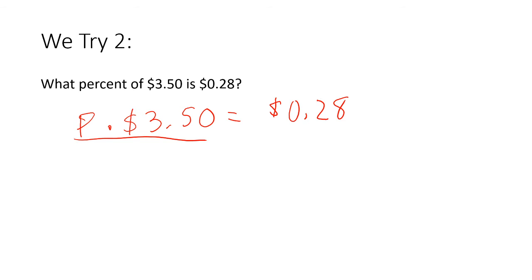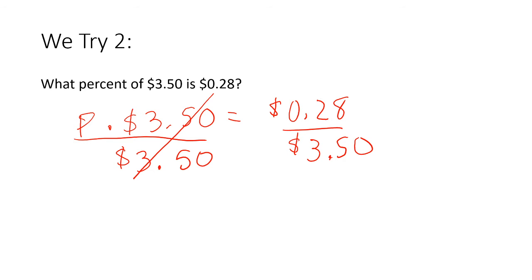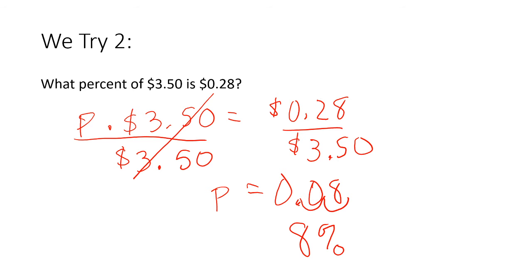I need to get P by itself, so I'm going to divide both sides by $3.50. 0.28 divided by 3.5 is 0.08. So P is 0.08. I need to turn that into a percentage. I move the decimal 2 places to the right and add a percent sign. So that'll be 8%.